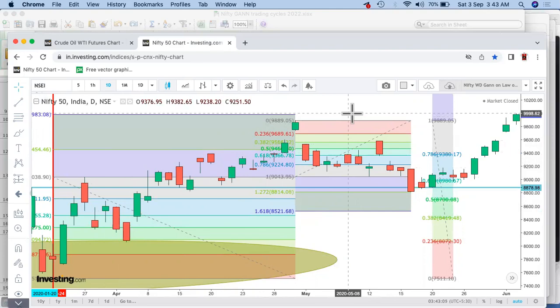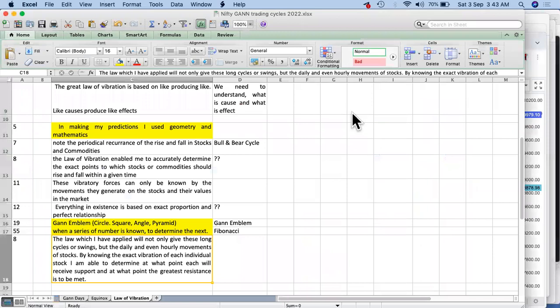Now one more interesting thing that I just found out from this part is if I consider in terms of time and price, right? So this is very critical. I request you please do pay attention to this. Now what does this say? The law of vibration enabled me to accurately determine the exact point to which stocks or commodities should rise and fall within a given time, right?